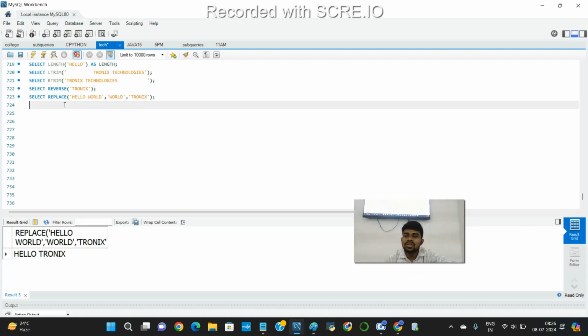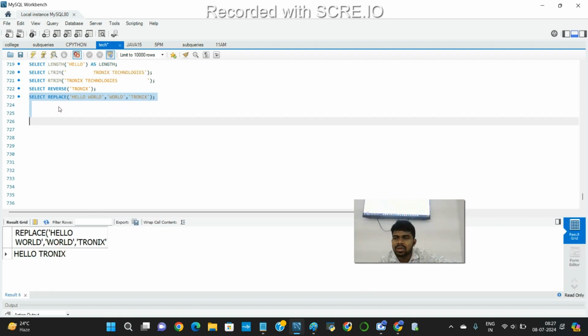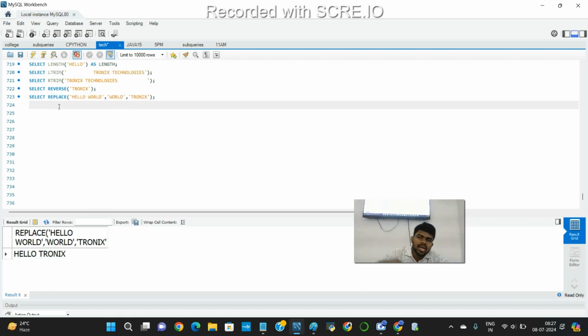Exactly. The original string is hello world, and in the place of world I am replacing the keyword Tranix. So it will be hello Tranix. Simply Tranix replaces the world keyword. So the answer is hello Tranix. These are the different string functions.